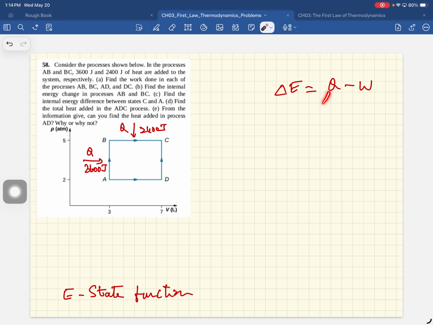So let's choose two points that are convenient. We'll choose this point, this is 1, and we'll choose this point. We don't have to convert the units because the multiplication factor will be the same.